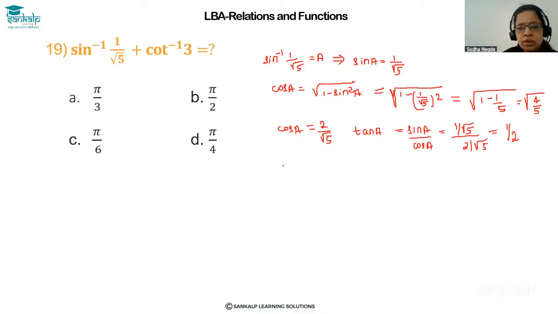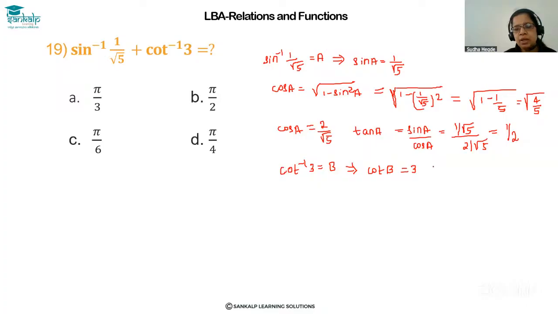Now take cot inverse 3 is equal to B. Implies, what is cot B? Cot B is equal to what? 3.